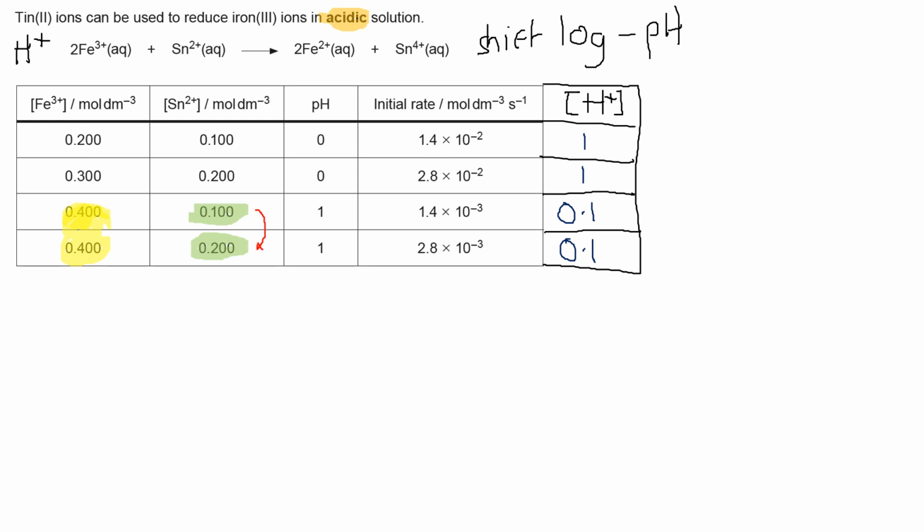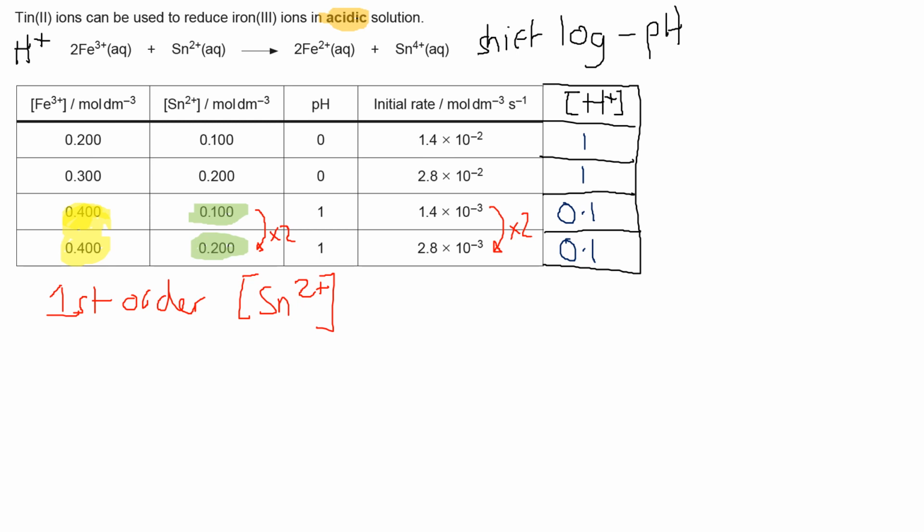So that's doubled. And as a consequence, and the H+ is constant, the rate doubles. So it's first order with respect to the Sn2+. So that's the easy bit of the question, I suppose. It's first order with respect to Sn2+ based on experiments 3 and 4.